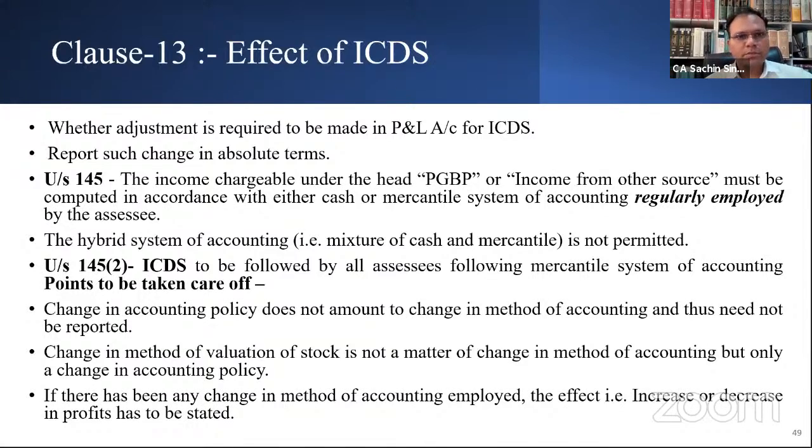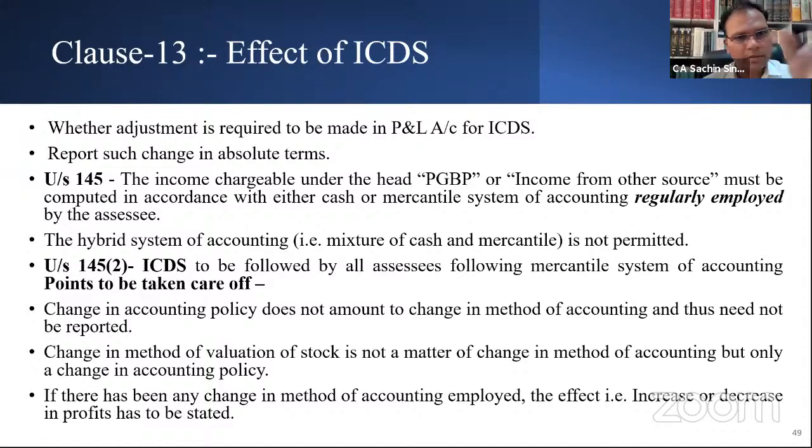closing stock. For closing stock also, we are maintaining the closing stock as per accounting standard 2, that is as per the cost or net realizable value, whichever is lower, and then we put that value on this.